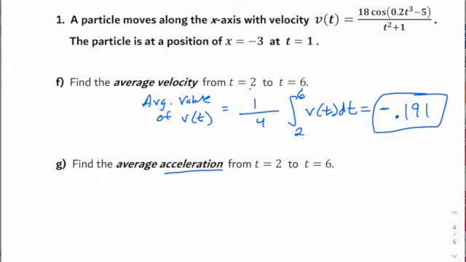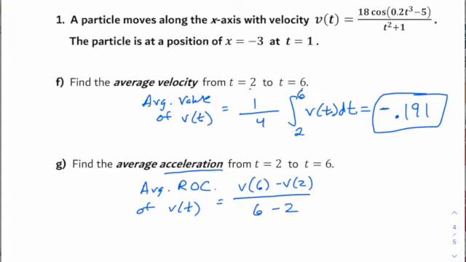But what you really should be able to come up with is, since acceleration is the rate of change, we want to do the average rate of change, the AROC of v of t, not the average value of it. And that, of course, would be v of 6 minus v of 2 all over 6 minus 2, which is doing the average value on the acceleration function. There's the 1/4, and this numerator represents integrating the acceleration function, getting velocity of 6 minus velocity of 2. All right, so let's bring in the calculator to do this for us.